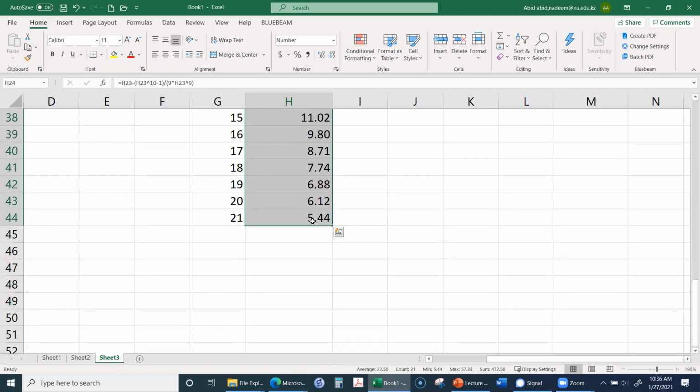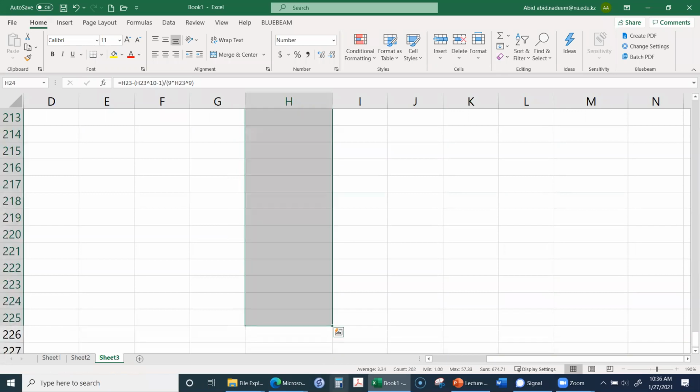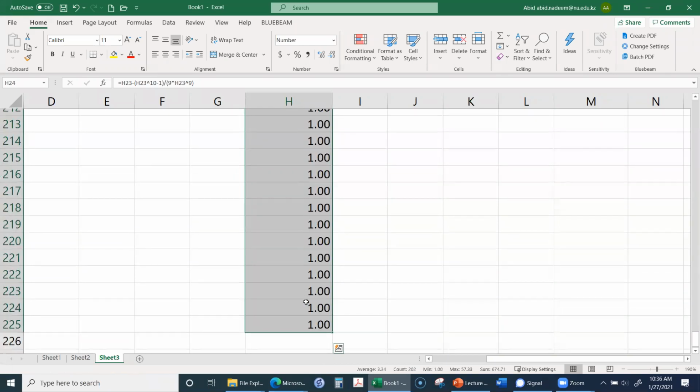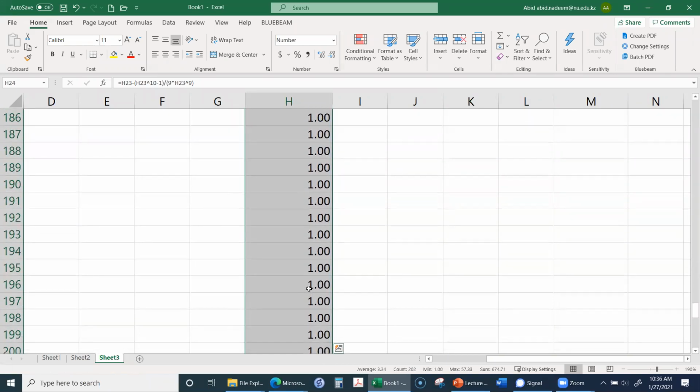But even after the 21st iteration, the solution is away from the correct solution by more than 500%. So maybe it will converge very slowly. Yeah, now it is converging to 1, but the convergence is taking place after something like the 200th iteration.